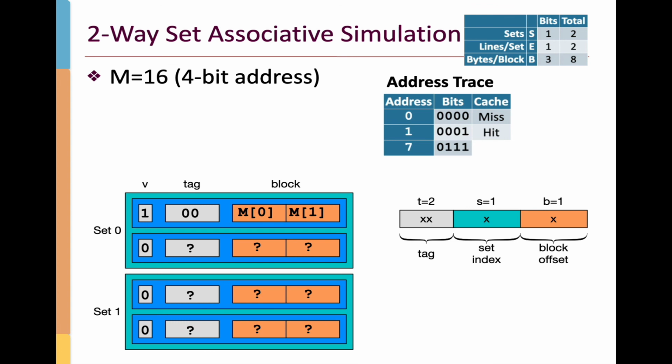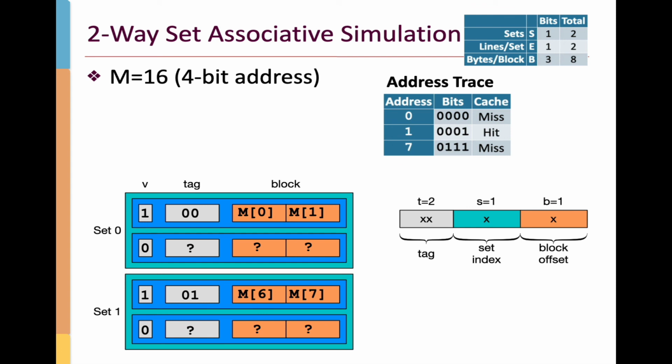Then the next address we've accessed is address 7, and we can see from this that the set index bit right here is a 1. So if that address has been cached in this cache, it's going to be in this set. We can see right away that it's not here because none of the lines in that set are valid, so we'll skip to the fact that that's going to be a miss. So we're going to then fetch up that part of memory from the layer below.